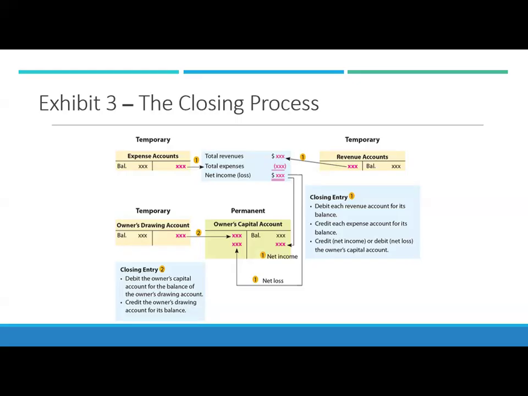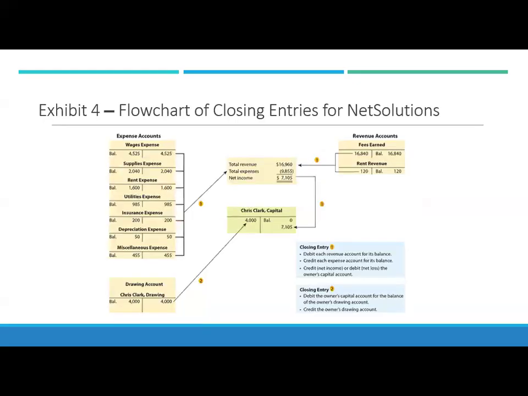And so we debit revenue for the whole amount, credit each one of the expenses for the whole amount, and then that net income ends up being a credit to owner's capital if it's a net income, or if it's a loss, it ends up being a debit. And then the drawings are a debit on the owner's capital account side.